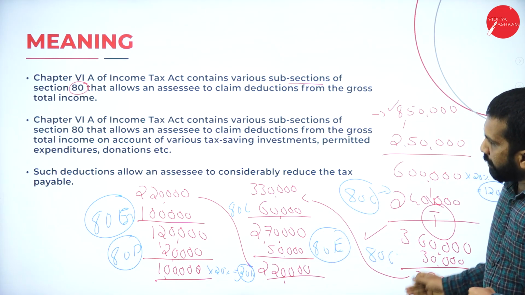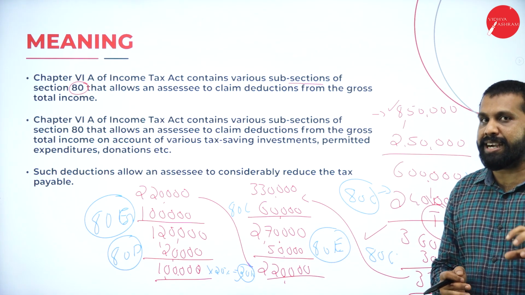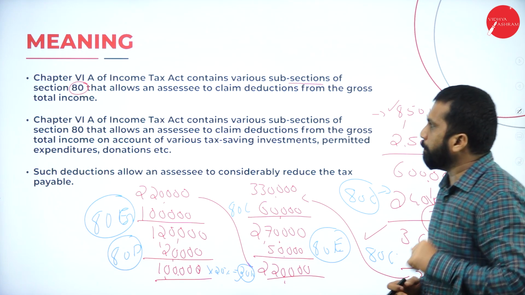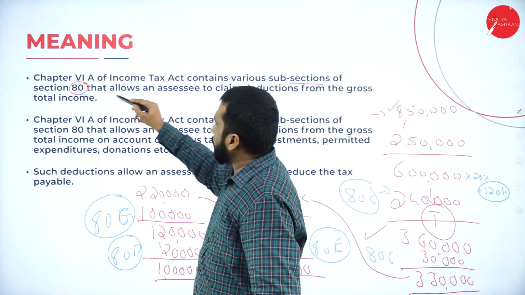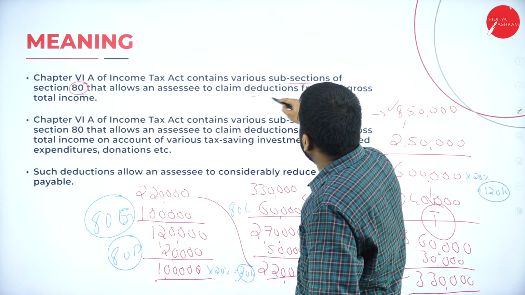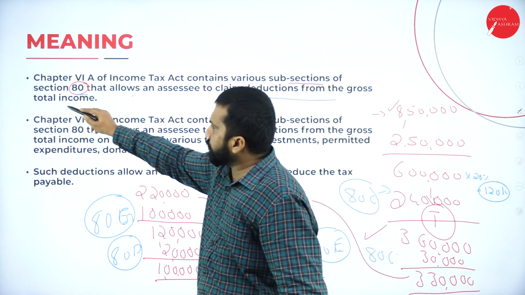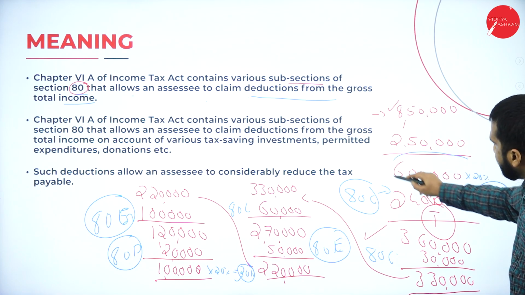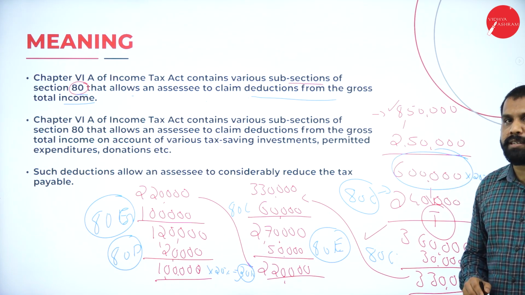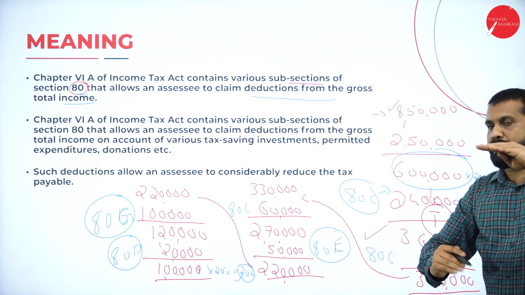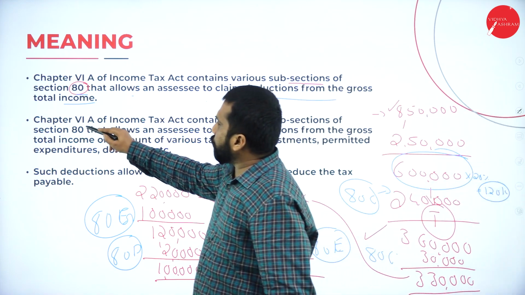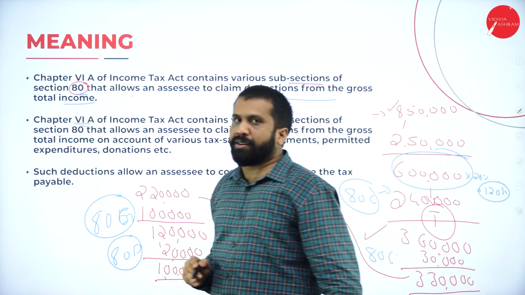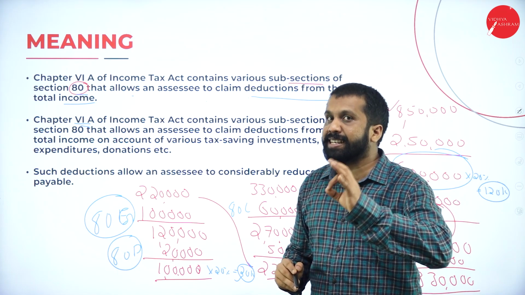Now, there is a reason we use the deduction topic. Under Section 80, an assessee can claim deduction from the gross total income. What is your gross total income? This 6 lakh is your gross total income. From that you can reduce. This we call Chapter 6A.